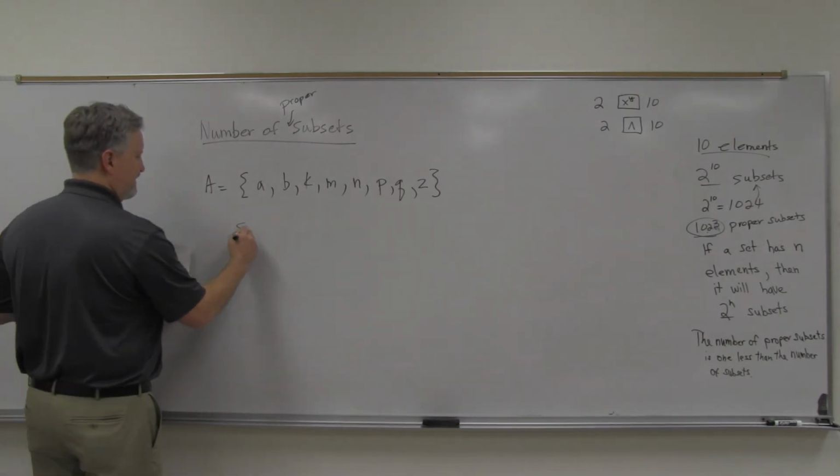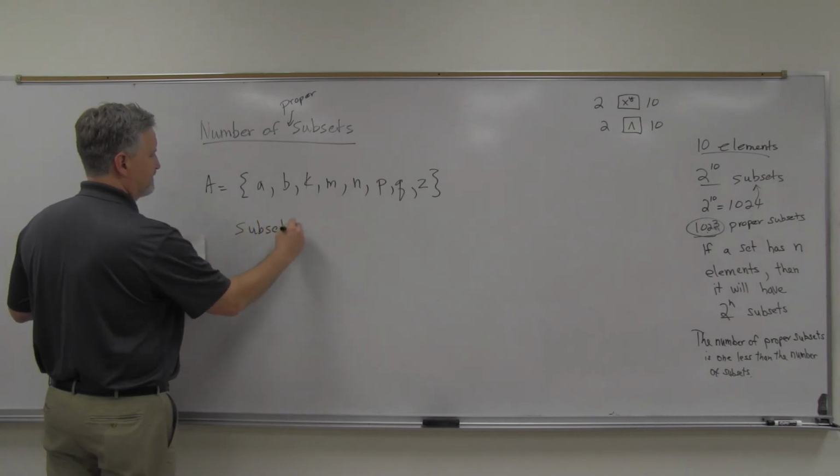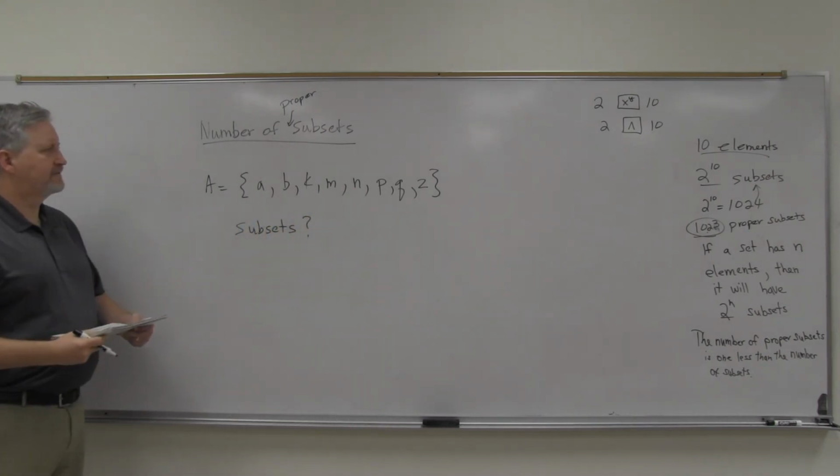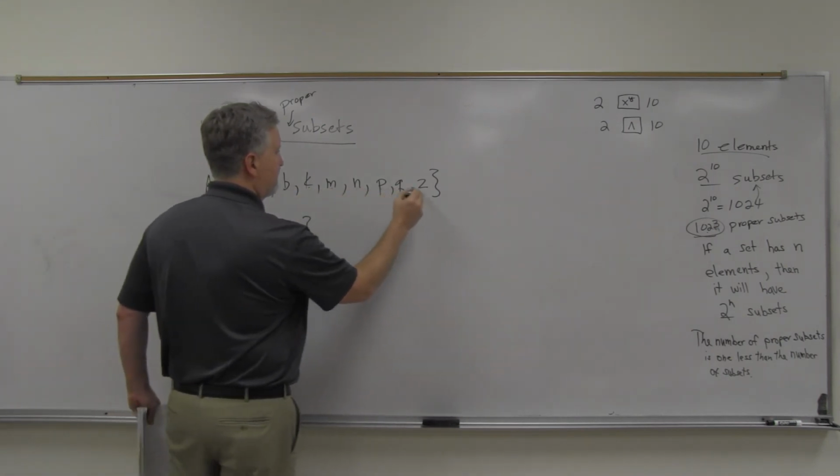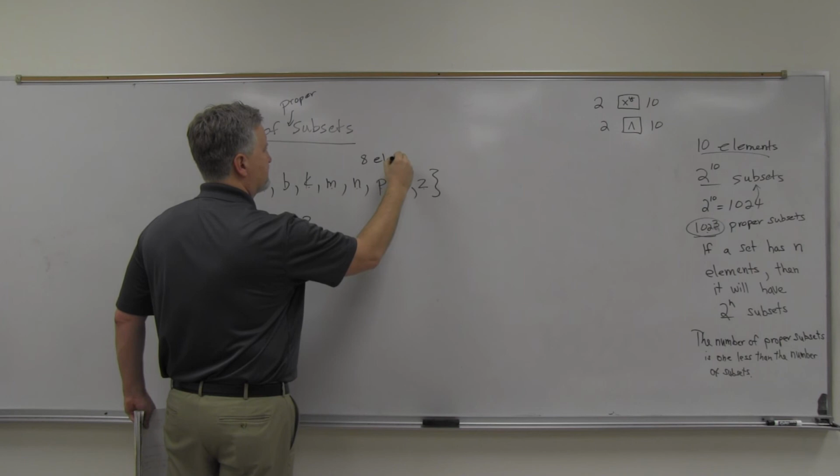How many subsets do I have? Well, how many elements do I have? 1, 2, 3, 4, 5, 6, 7, 8. I've got 8 elements.